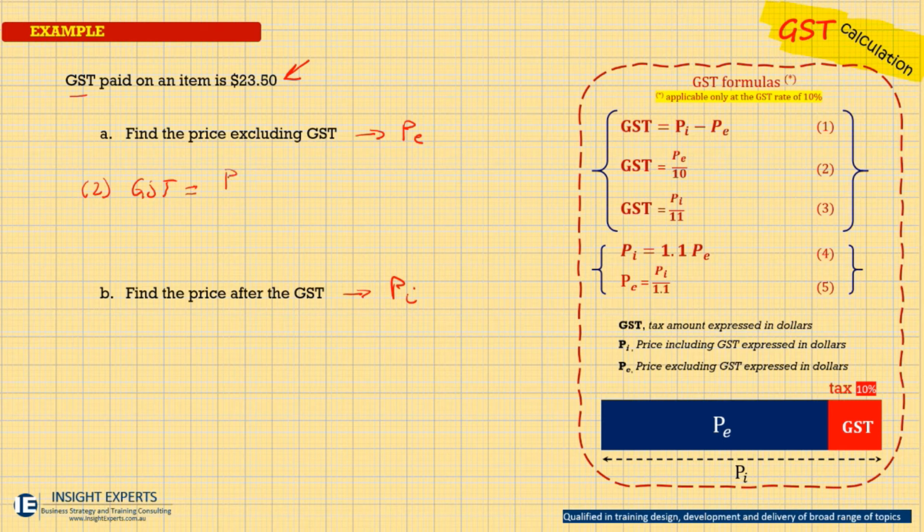Many ways of doing it. You can use equation number 1 if you like, but again, you can use equation number 3. But this time, PI is required and GST is given. So from equation number 3, which I need to rearrange, the GST amount is equal to PI over 11.